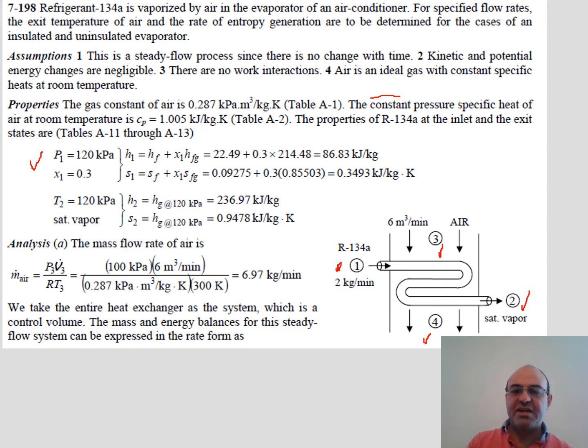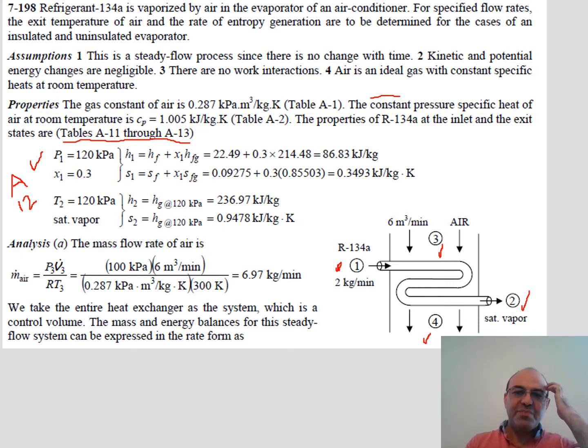What table was it? Here it says tables A11 to A13, but you actually must tell which table. This is saturation, so I believe this is based on table A12, the pressure table.